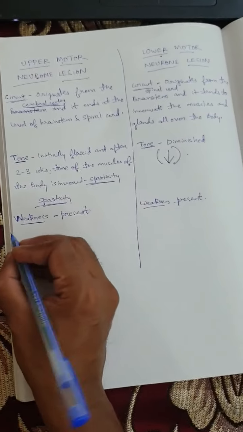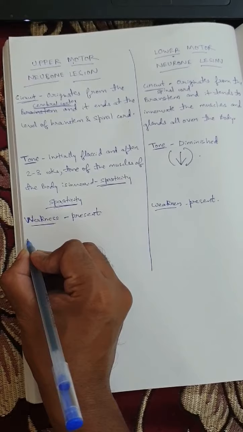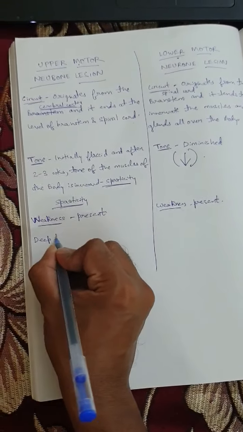Now the fourth subtopic is the deep tendon jerks.